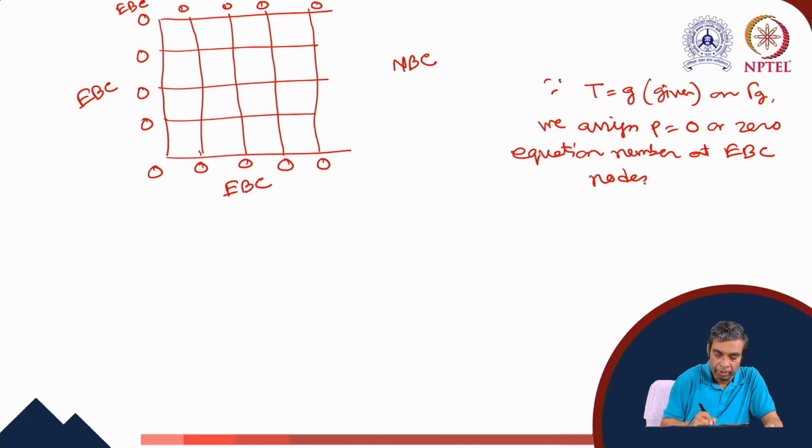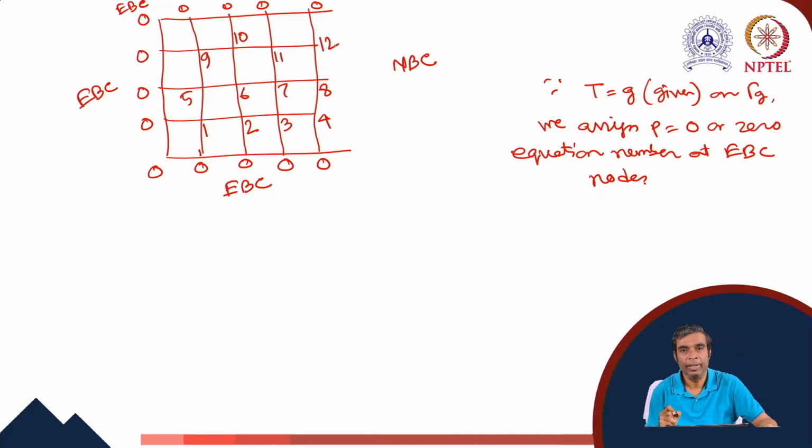Now, our unknown nodes, where we don't know the temperatures, those nodes we identify and we put the global equation numbers 1, 2, 3, 4, 5, 6, 7, 8, 9, 10, 11, 12. So we are getting a total of 12 equation numbers. It means that we already calculated that we should have a 12 by 12 global matrix equation system.